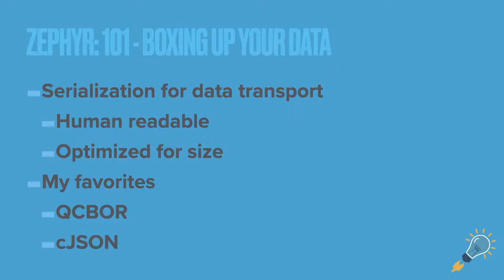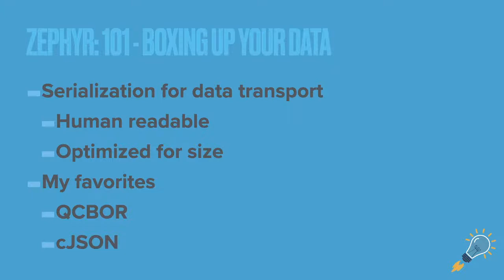We'll be talking about QCbor, which is a CBOR library, and cJSON, which is a JSON library, if you haven't noticed. And there are some differences here. One is more human readable, less efficient for space or size constraints, and then the opposite is true for QCbor, where it is not so human readable, but it's optimized for size.